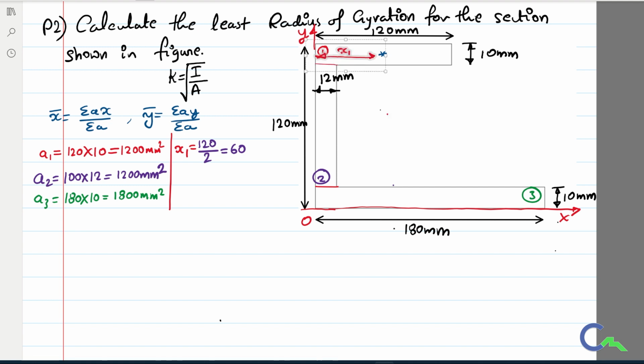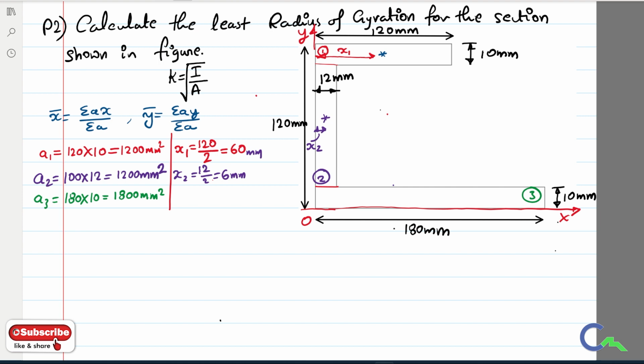The centroid of the second figure is somewhere here, so this is the x2 distance. If you want to find the x2 distance, that is nothing but 12 divided by 2. So x2 is equal to 12 divided by 2, that is 6 mm.